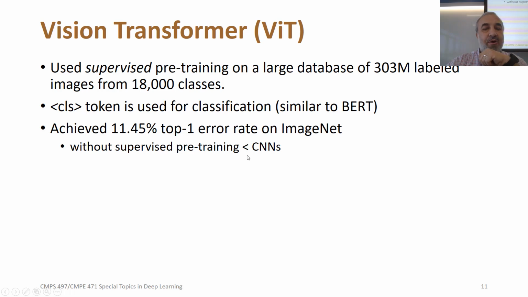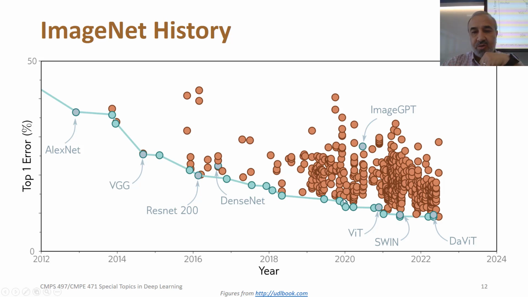And it is now on par with CNNs. But of course, without this supervised pre-training, it wouldn't be that good. It would have been worse than CNNs. So vision transformer is very close to being the state of the art at that time.